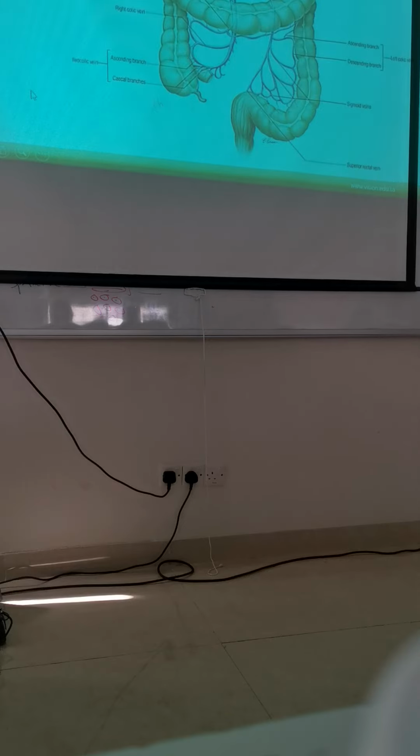So the veins, vice versa. The proximal 2/3 will go to the superior mesenteric vein, and the distal 1/3 will go to the inferior mesenteric vein. So jejunum and ileum are supplied by what? Jejunum and ileum, from where?